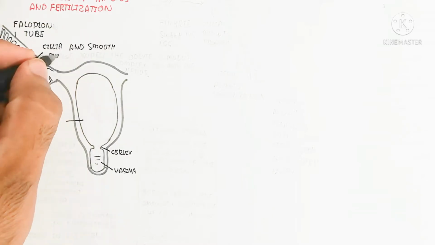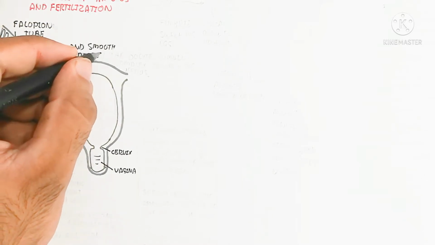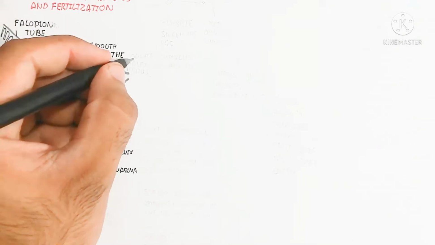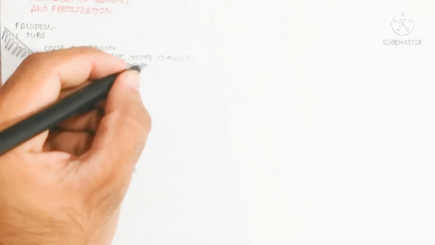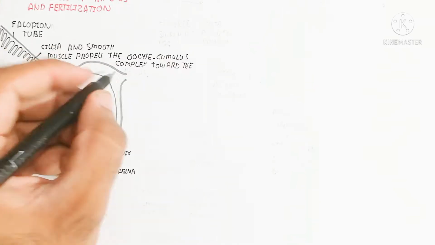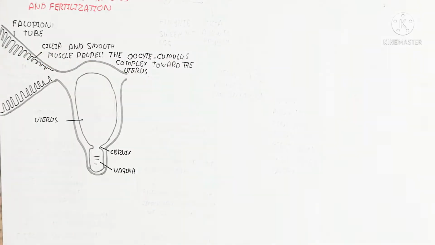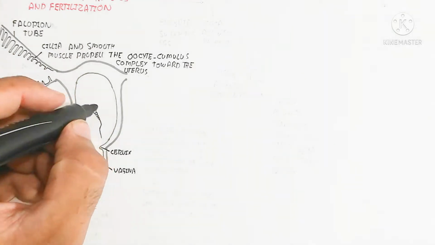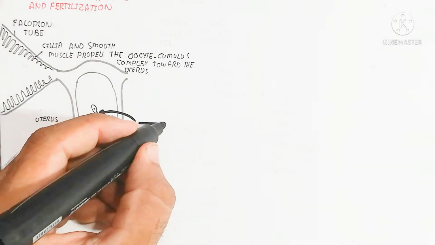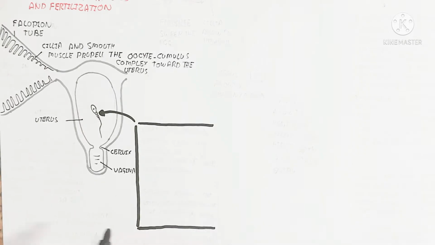Here is the fallopian tube. This fallopian tube contains cilia and smooth muscle which propel the oocyte and cumulus complex toward the uterus. So the fallopian tube plays an important role, because fertilization occurs in the fallopian tube.